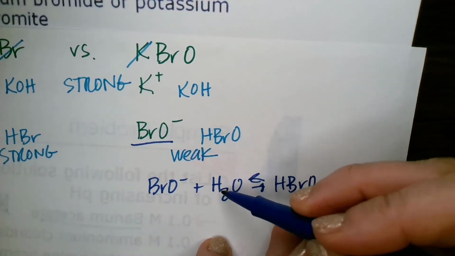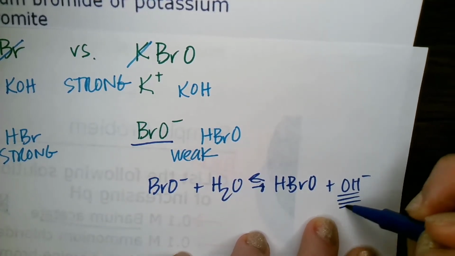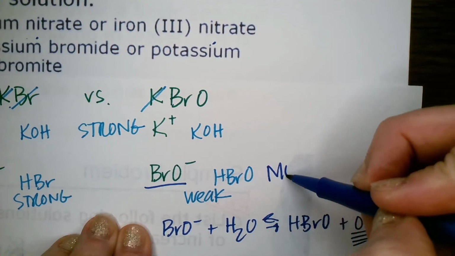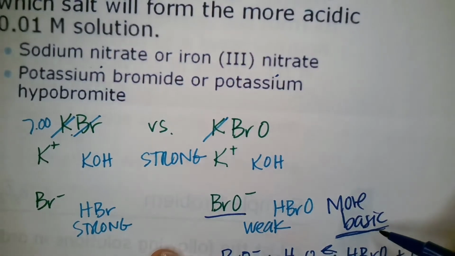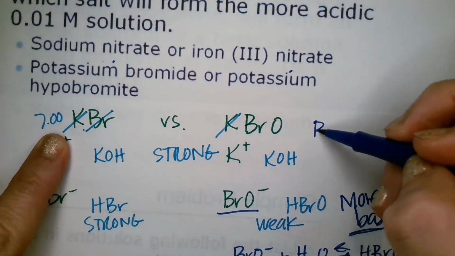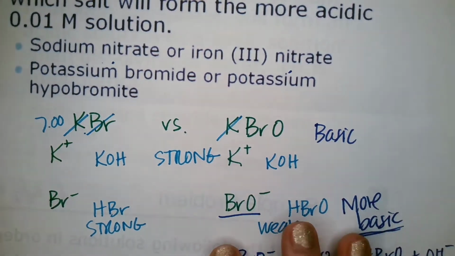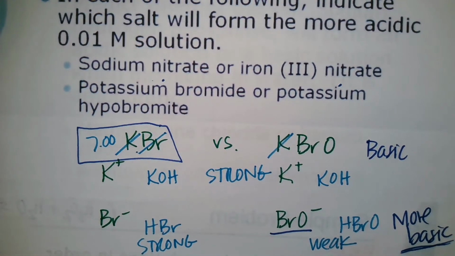And what are we left with? Our water just gave 1 proton away, so we're left with OH-. Those hydroxide ions make this more basic. So we've got a 7.0 and we have basic. So which one is more acidic? Our potassium bromide.